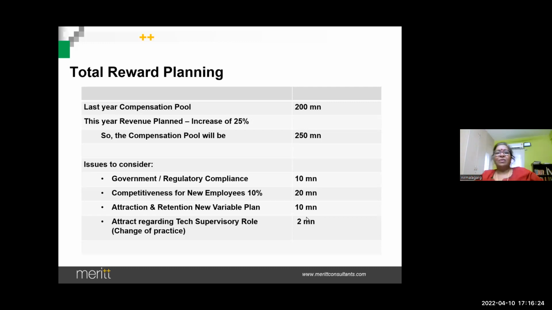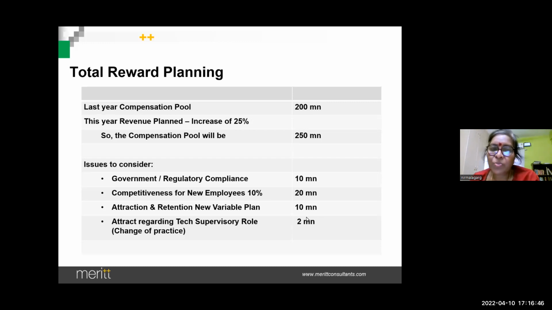That means what is the compensation cost to your revenue? How do you plan that? Typically you go by last year's compensation.